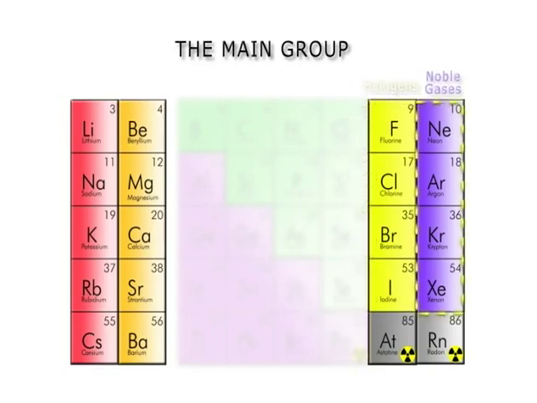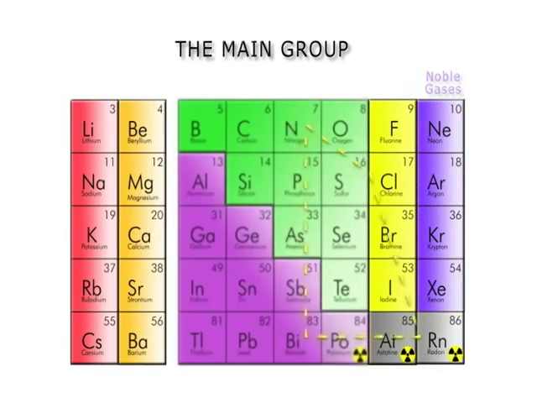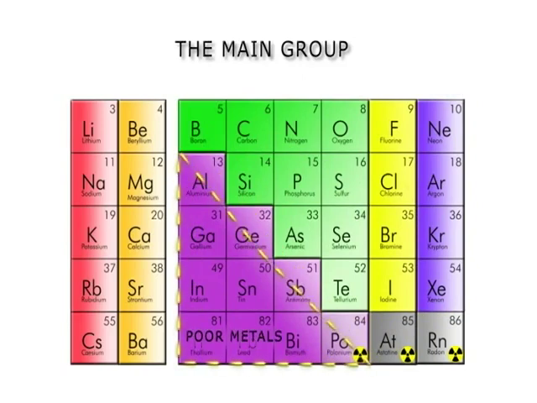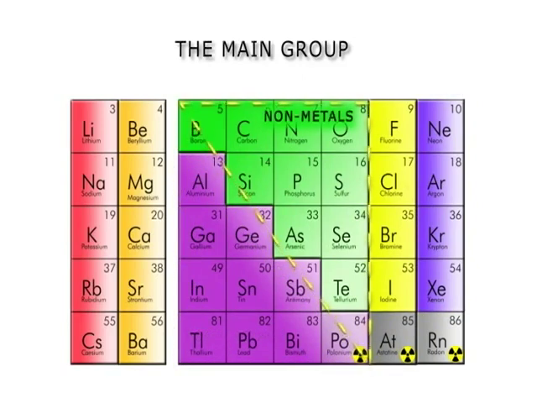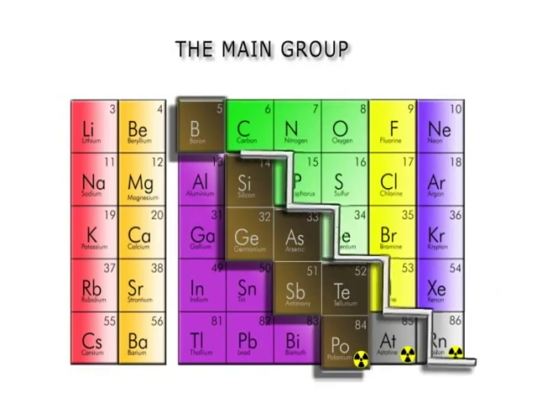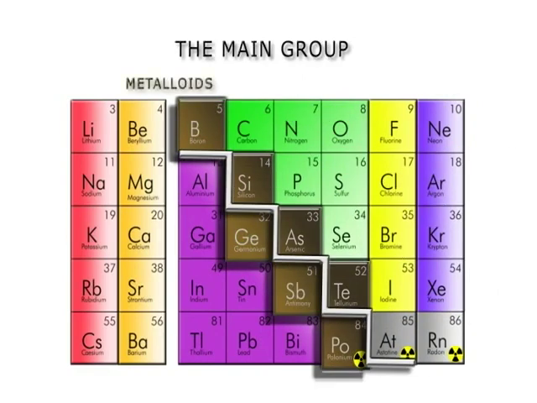And the noble gases. Steady, unreactive, noble. The 2 triangle groups, poor metals and the non-metals. And finally, the hidden stair-step in between, containing the metalloids. The main group of the periodic table.